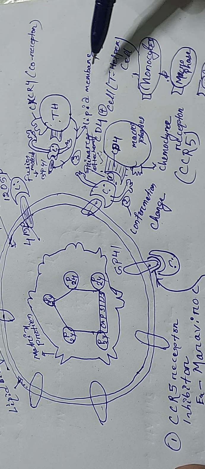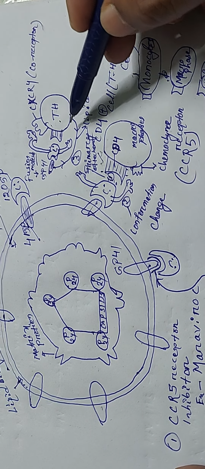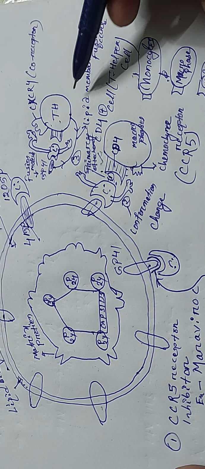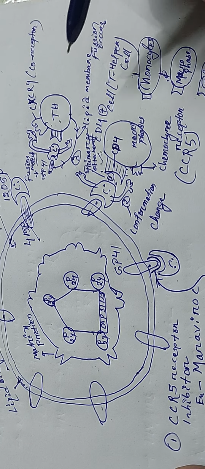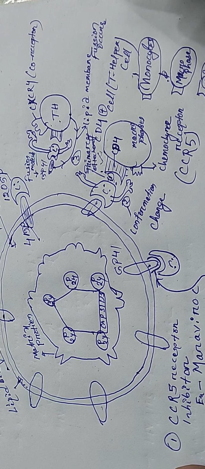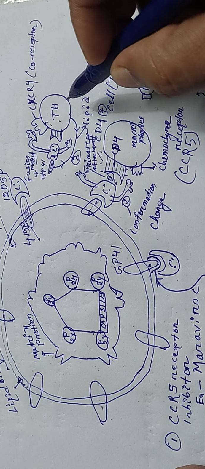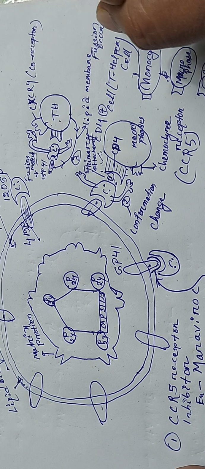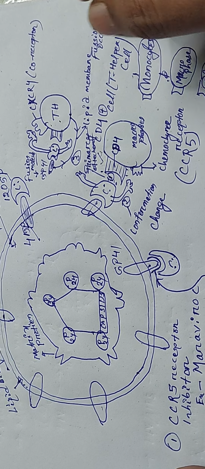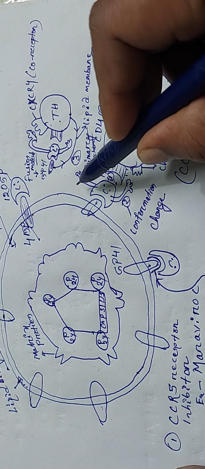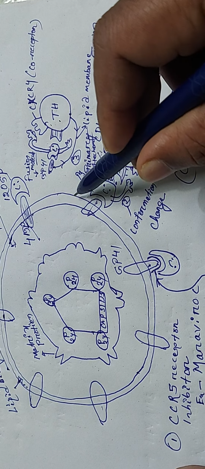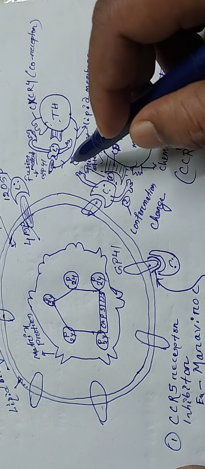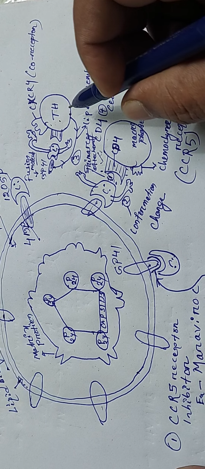This lipid membrane acts as a spring, meaning it contracts and pulls the cell membrane of the host cell towards the HIV cell membrane.